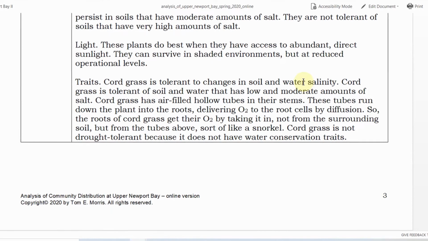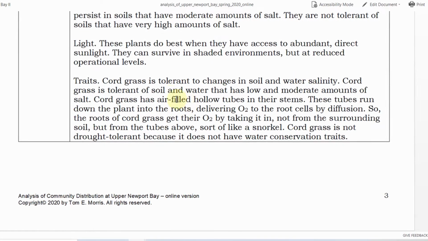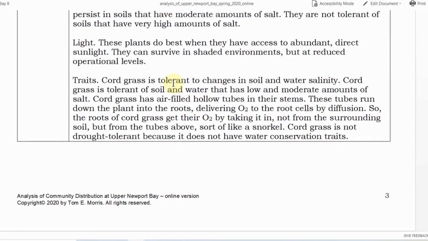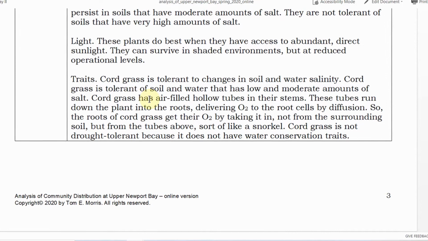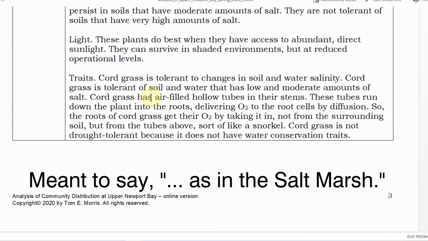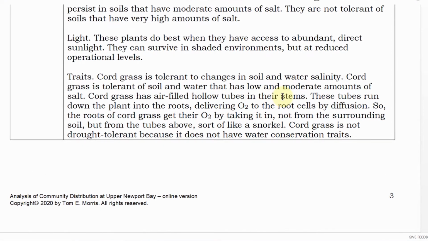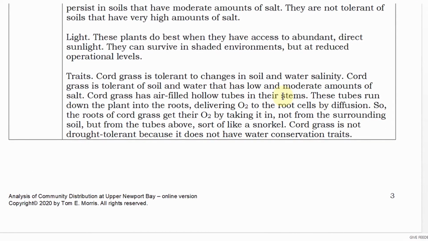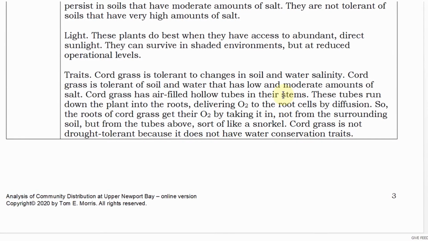That's the saltiness of the soil, but they do best when there's low amounts of salt, as I mentioned before, or moderate amounts of salt, like in the salt barren. And then they have hollow air-filled tubes in their stems, like we saw with the cattails and the sedge grasses from the freshwater marsh.